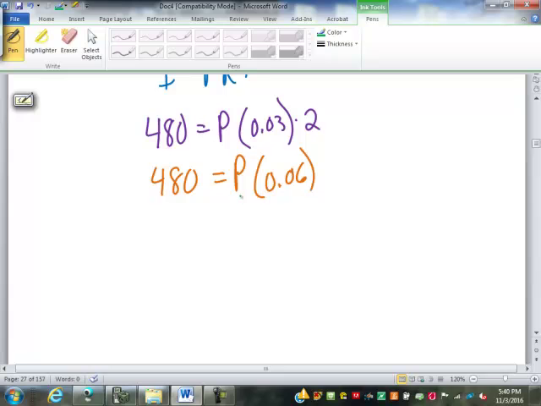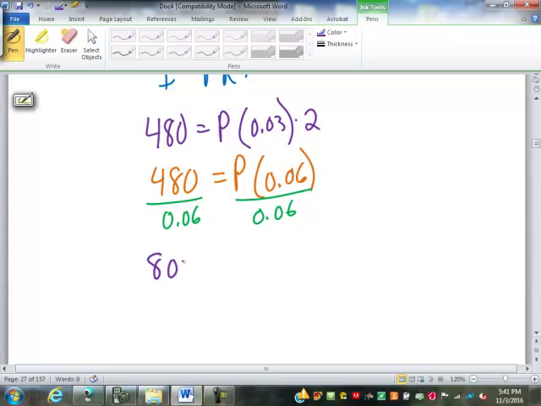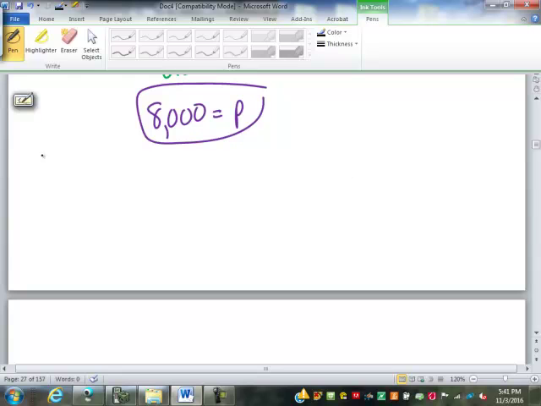And now I can get P by itself by dividing by 0.06. 480 divided by 0.06 is 8,000 dollars. Make sense?